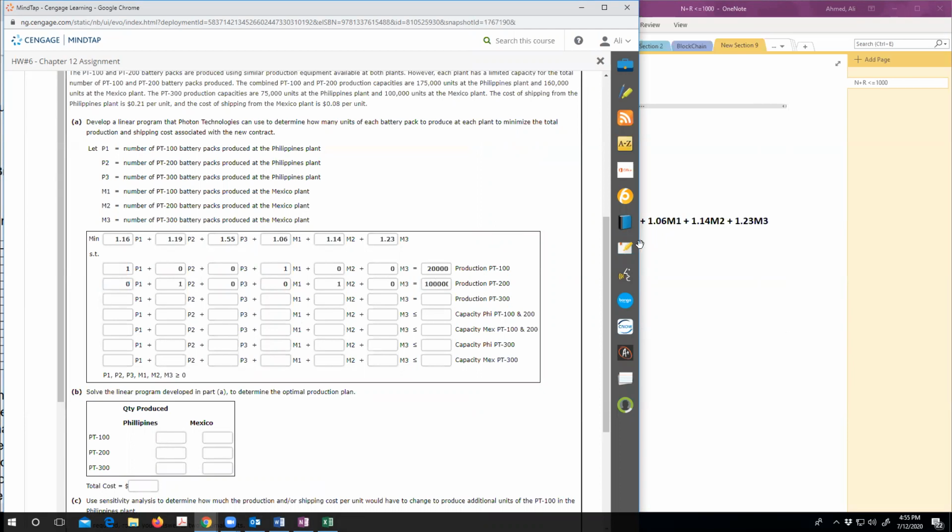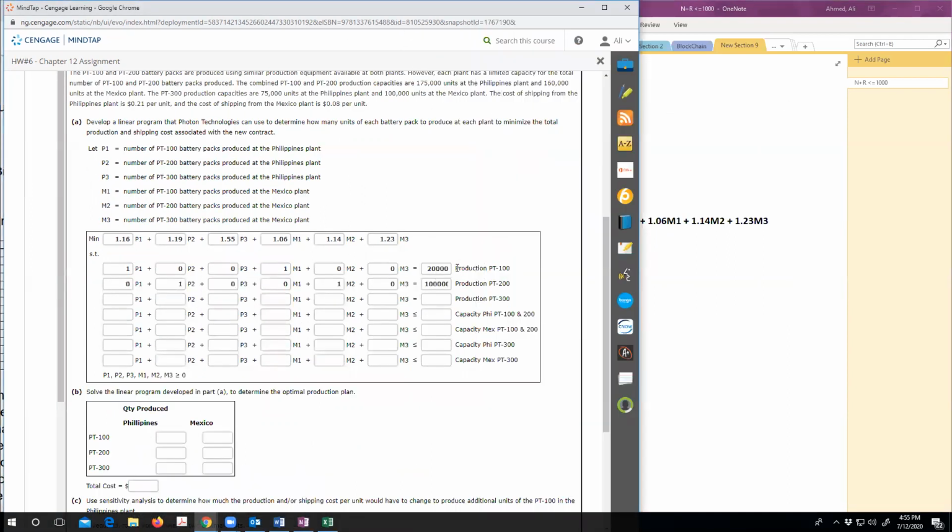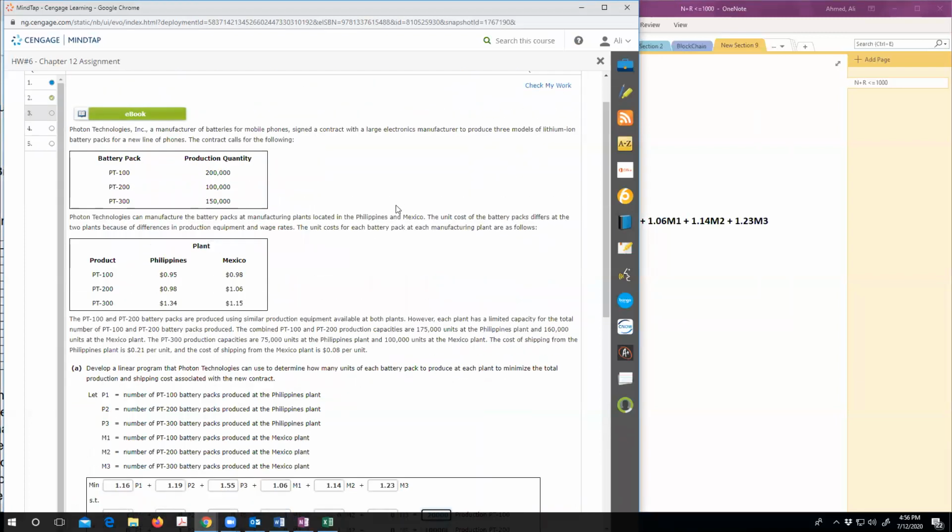So I'm just changing. If you can understand this constraint, then it's easier to understand how we put it here. We are just saying type 1, because the first constraint is talking about production of PT 100. How much do we need? We need 200,000 of it.